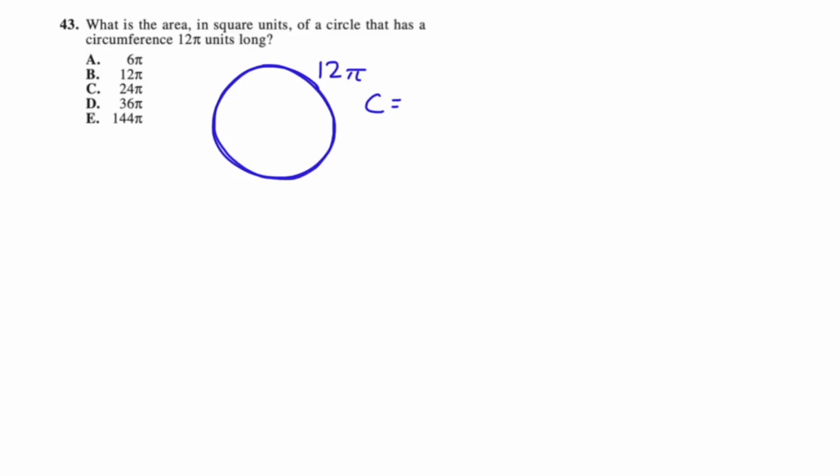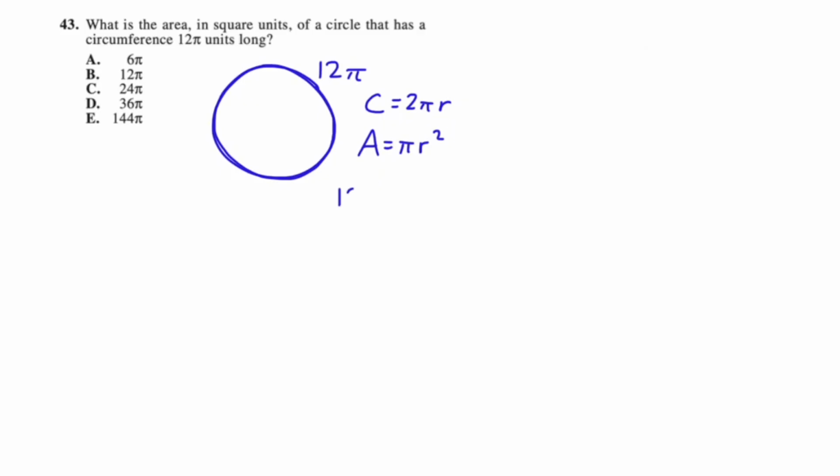Now the equation for circumference is 2 pi r, and the equation for area is pi r squared. If you notice, both of these equations have exactly the same things in them, a pi, an r, and a 2, so it can be kind of difficult to keep them straight. One thing that helps me remember is to think that area, usually in units, is like inches squared or centimeters squared, and so the area formula is the one that has the squared in it.